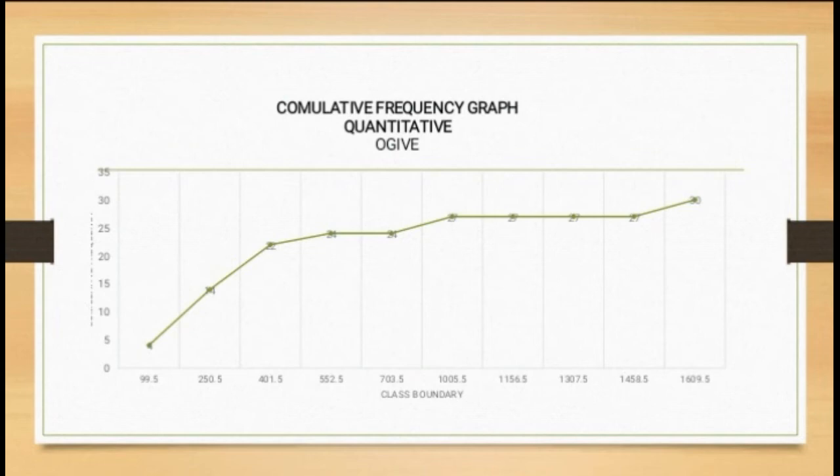At 1005.5, we have a cumulative frequency of 27. At 1156.5, we have a cumulative frequency of 27. At 1307.5, we have a cumulative frequency of 27. At 1458.5, we have a cumulative frequency of 27. At 1609.5, we have a cumulative frequency.